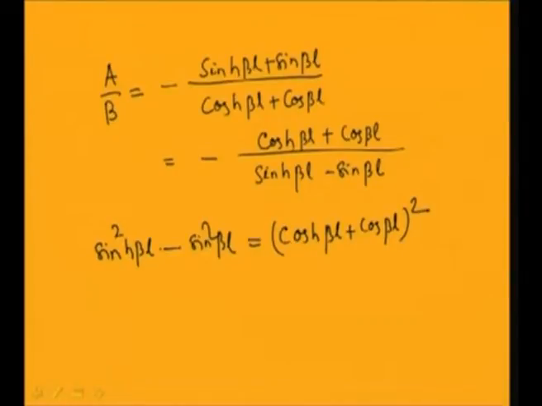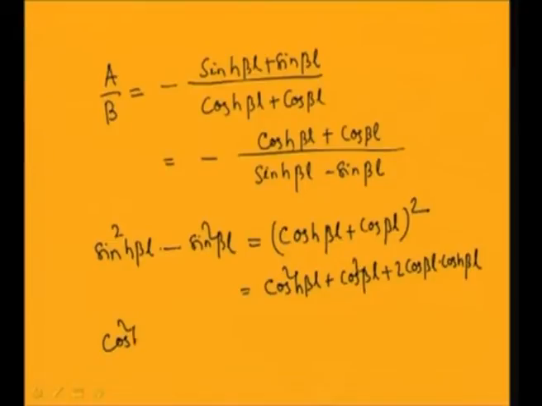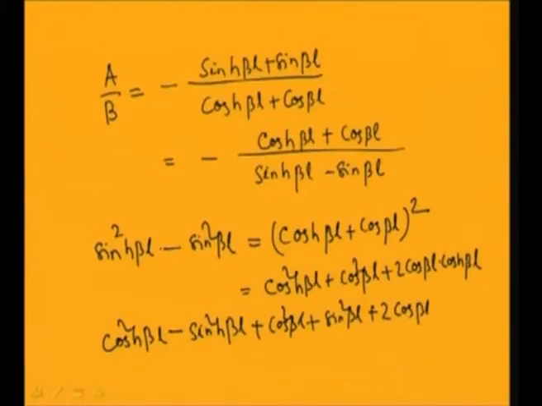Now expanding this, it becomes cosh square beta L plus cos square beta L plus 2 cos beta L into cosh beta L. Rearranging, I take this to the right side: cosh square beta L minus sinh square beta L plus cos square beta L plus sin square beta L plus 2 cos beta L into cosh beta L equal to 0.